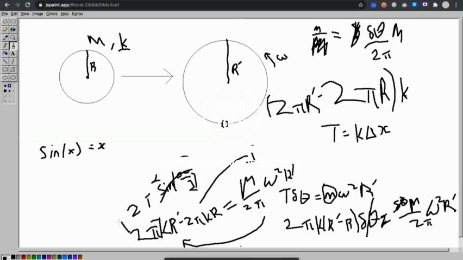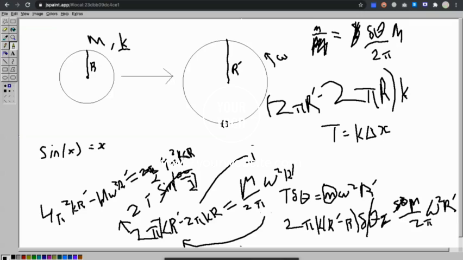And this then gives us 4 pi squared k r prime minus M omega squared r prime is equal to 4 pi squared kr.